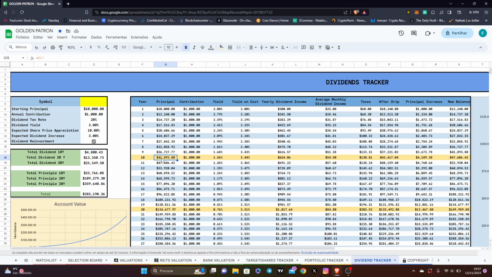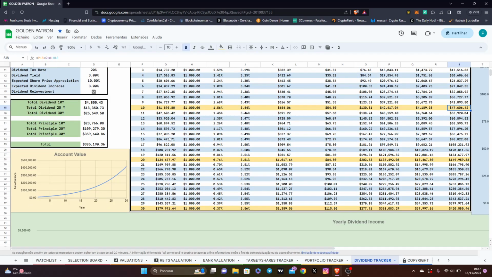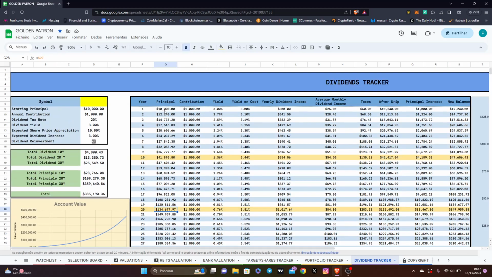After 10 years, from $40,000, you would be making $6,000 to $7,000 at the end of the year, repeating the same process every time. After 20 years, that $10,000 initial with $1,000 contributions would be $134,000, almost $135,000.